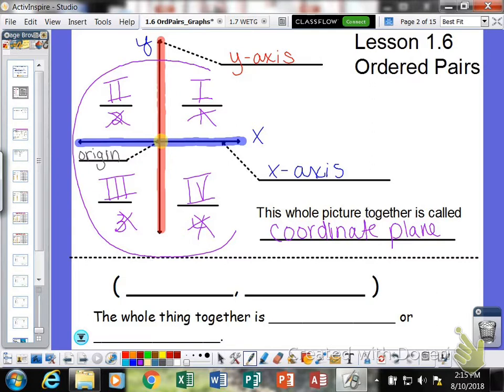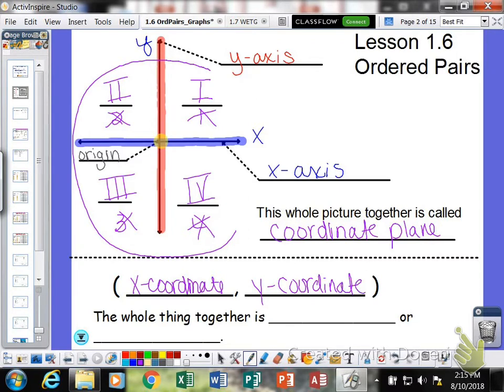Now, when we're plotting points, we have this set of numbers that are in parentheses. The first number is your x-coordinate, and the second number is your y-coordinate. So remember, this is a location.